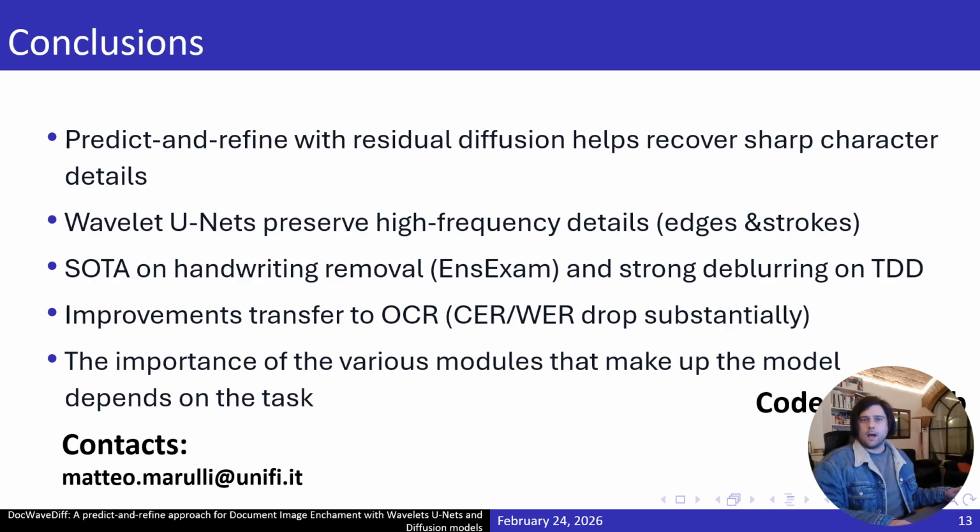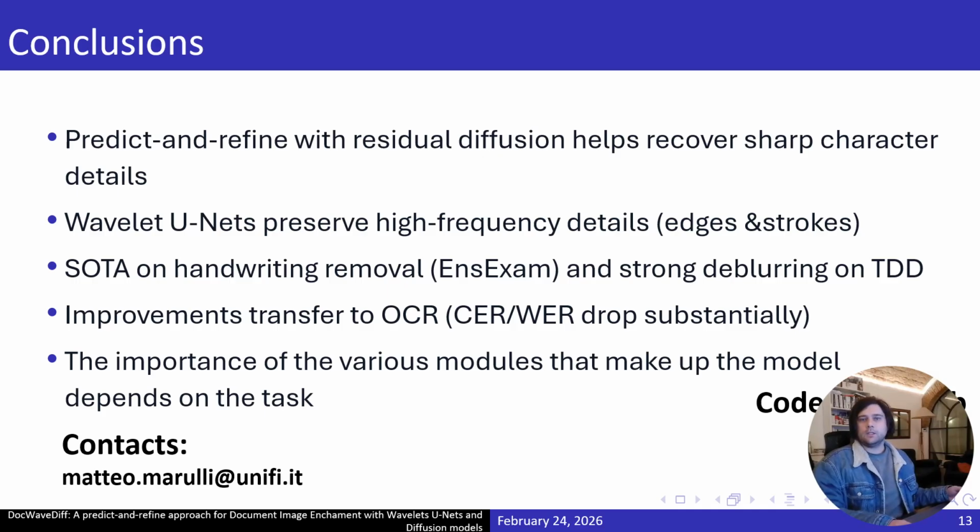Our model has demonstrated solid performance for the handwriting removal task on the ENS-EXAM dataset and strong deblurring performance on the document deblurring dataset. We also evaluated the model in terms of OCR by measuring the performance of OCR engines with the restored documents and saw a clear improvement of OCR performance.